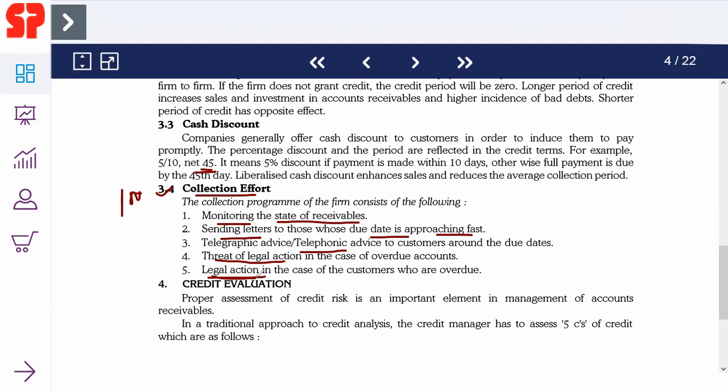So all these collection efforts involve a cost. So this is the credit policy. It will encompass 4 things, starting from setting the credit standard till collection effort and collecting the money.